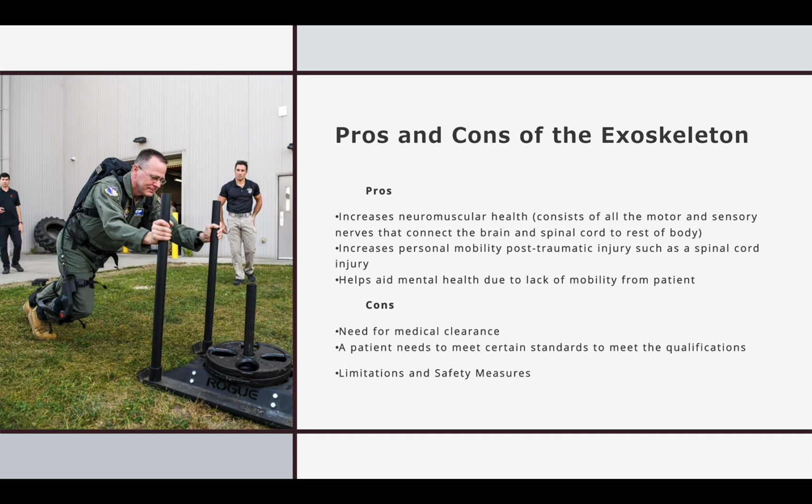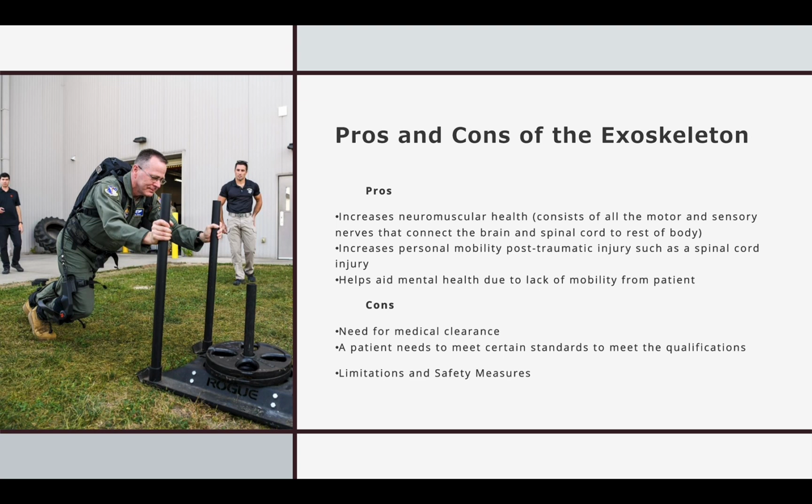Some pros that I read about the exoskeleton were that it increases muscular health and increases personal mobility after traumatic injury, such as spinal cord injury, because spinal cords are very sensitive and it's very hard to move around when you have a spinal cord injury. So using something as support, such as an exoskeleton, will help you reduce injury and help you regain mobility at the same time.